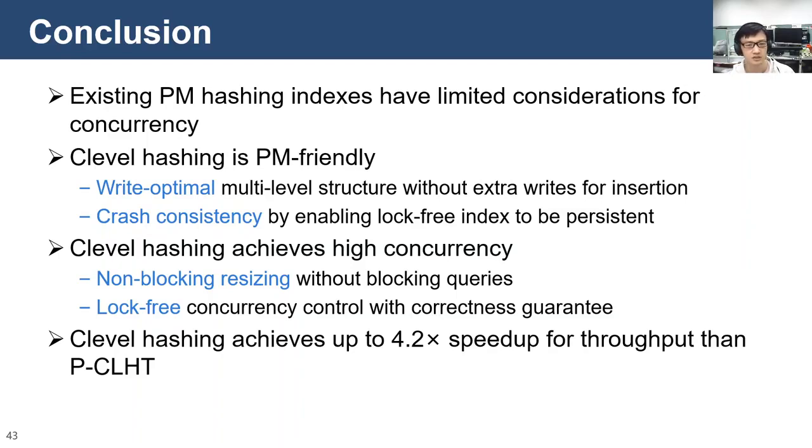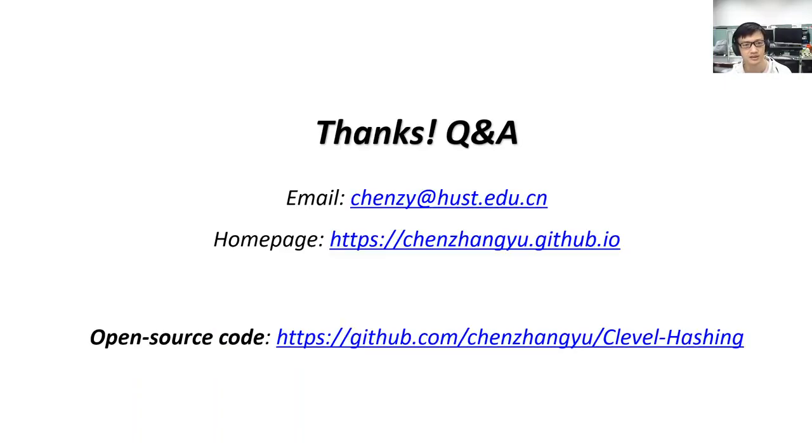Clevel hashing achieves high concurrency by non-blocking resizing and log-free concurrency control with correctness guarantee. Our results using real PM demonstrate up to 4.2 times speedup. We have released our open source code for public use. That's all.